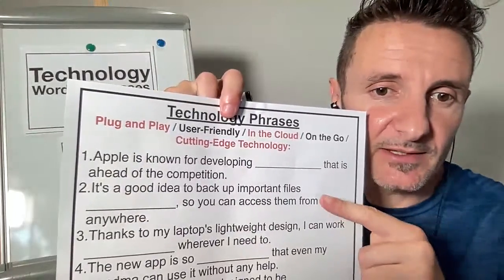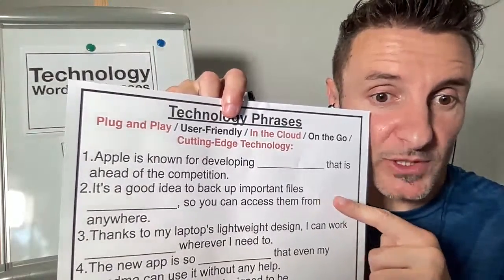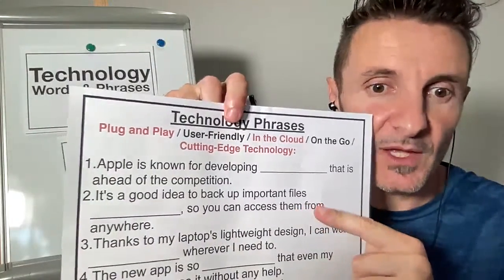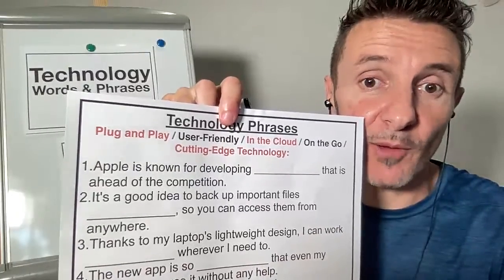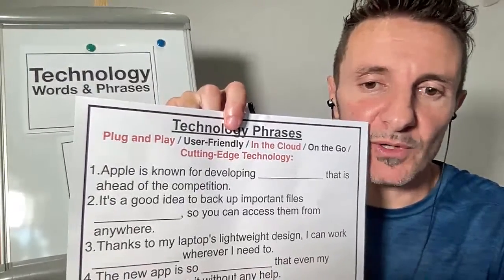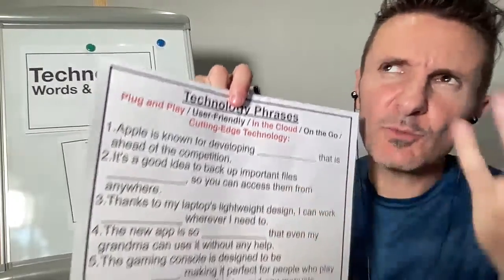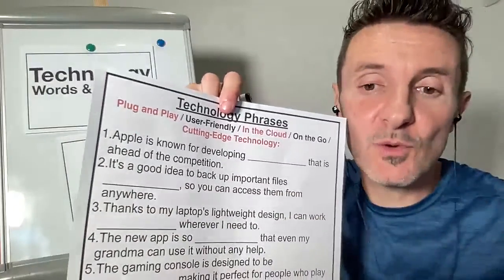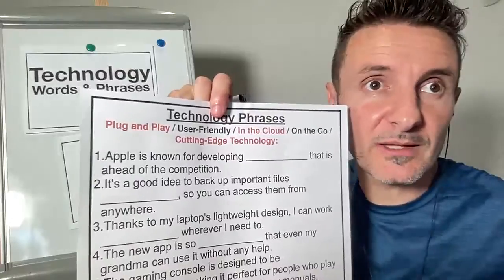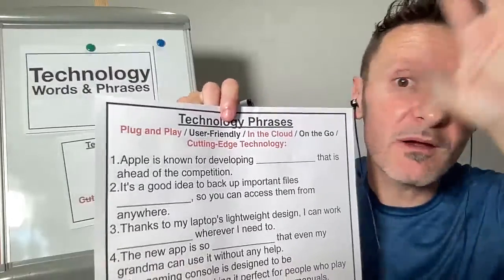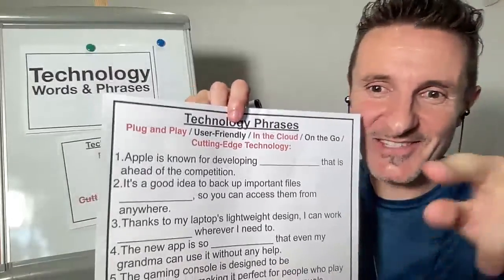It's a good idea to back up important files, something, so you can access them from anywhere. So it's important to back up your important files. Where do you put your important files so you can get them wherever you are in the world? Anywhere in the world you can get them because they're floating somewhere in the world. Yes, you guys got it. Excellent.